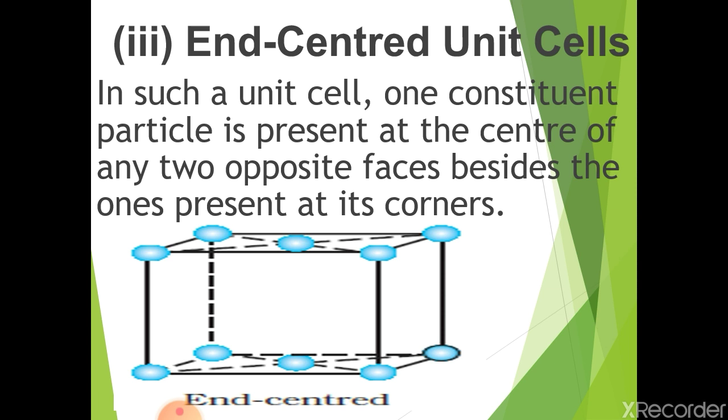Here faces should be opposite, either upper and lower or front and behind. As you know that one face contributes 1/2, so 2 face atoms. That's why 1 atom from face and 1 atom from corner. It also gives total 2 atoms, just like a BCC.